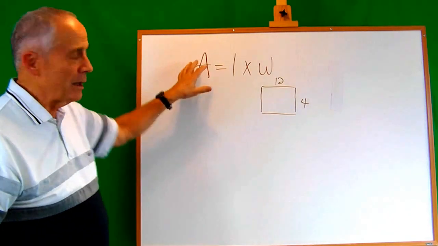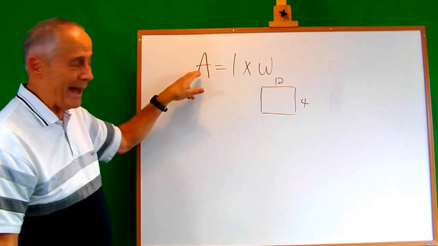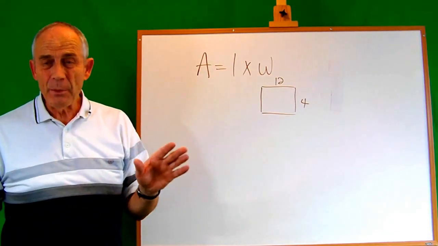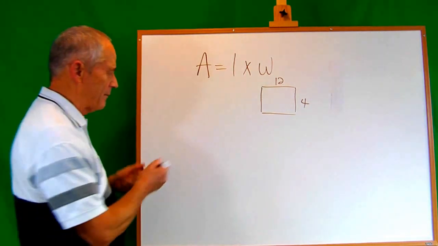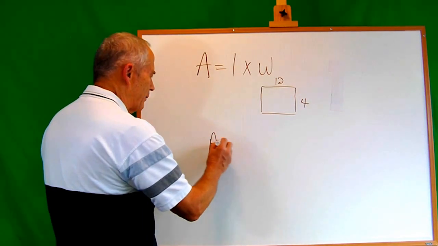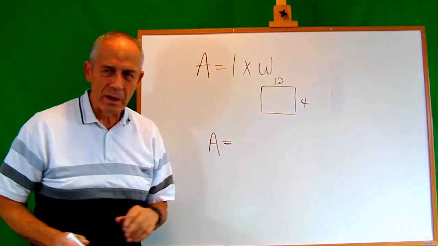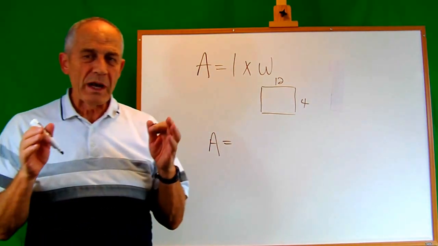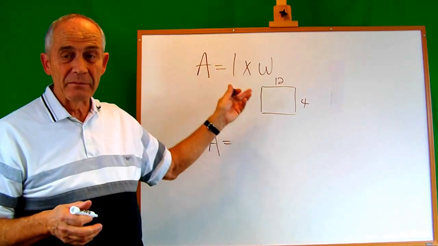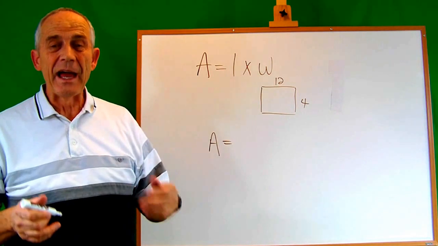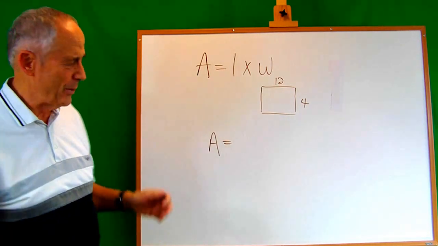Now what I'm looking for is the A. And at this point in time, I don't have a numerical value for it, so I have to continue to write down the A. That's what I'm looking for. But what I have been given is a numerical value for the length and a numerical value for the width.